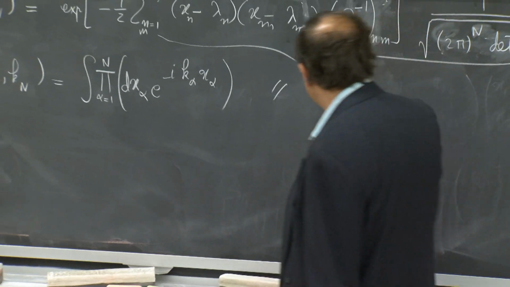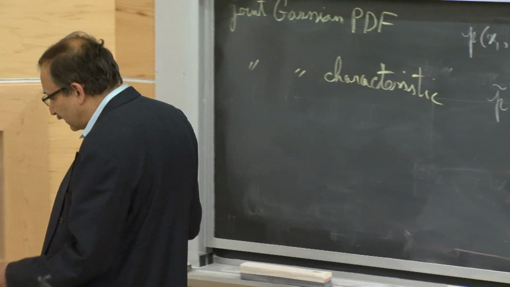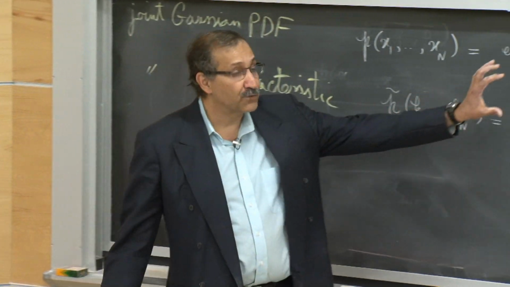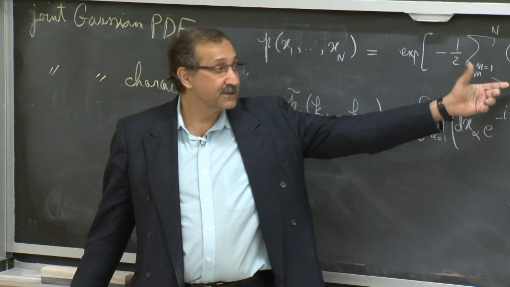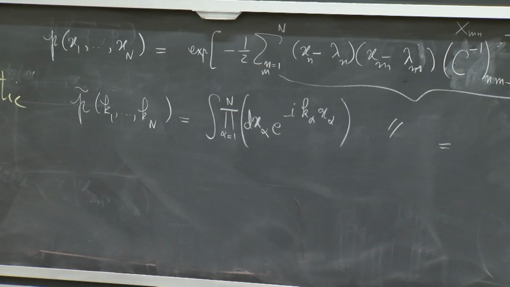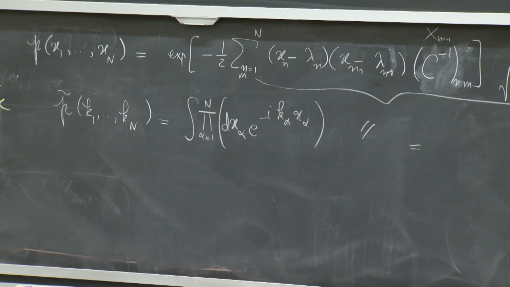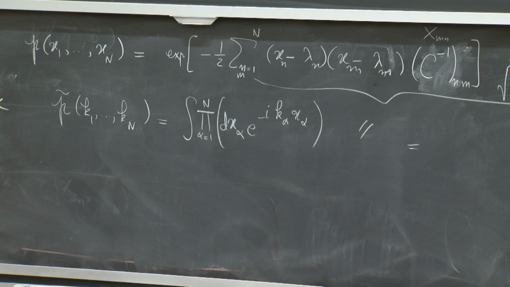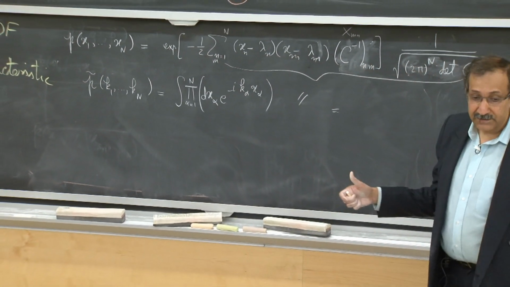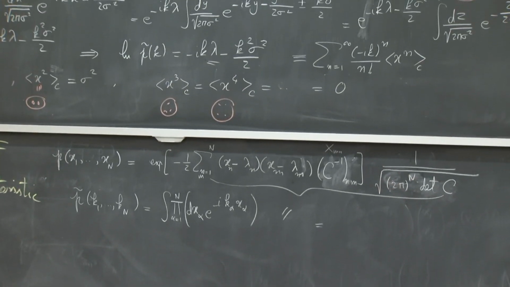Now, maybe an easy way to imagine is what I was saying previously. Let's imagine that I have rotated into a basis where everything is diagonal. Then in the rotated basis, all you need to do is take the product of characteristic functions such as what we have over here.